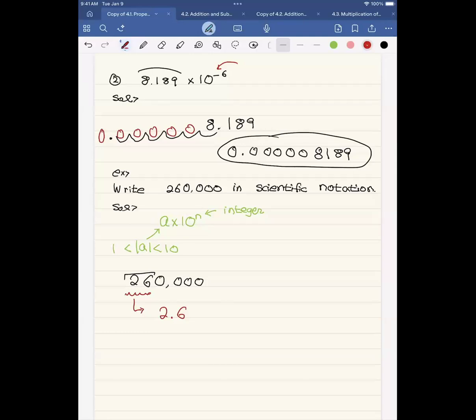Then there are 4 zeros: 1, 2, 3, 4. So what you have to count is 1, 2, 3, 4, 5. So it moved 5 times, and that can be written as 2.6 times 10 to the 5th power. So this is the final answer.